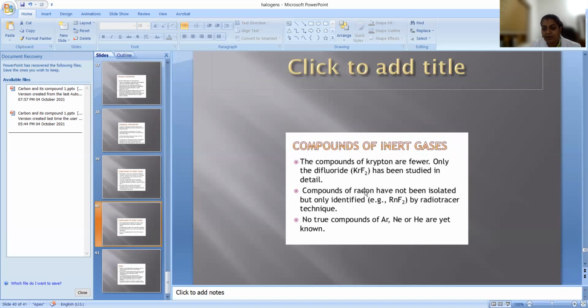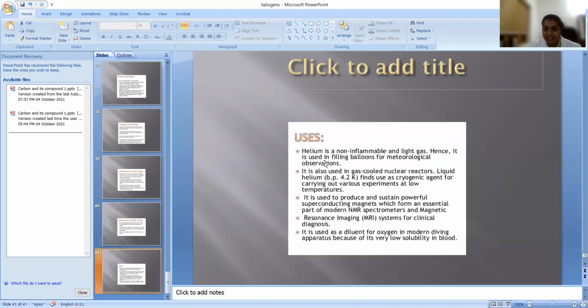Compounds of radon have not been isolated, but only identified, RnF2, by radioactive tracer technique. No true compound of argon. Actually, their sizes are very small, and it will be difficult. As we are moving down, the ionization enthalpy is decreasing actually. Because of that only, the higher members react with some elements, but the smaller ones cannot react because the size is very small, and it will be very difficult to remove an electron from it.